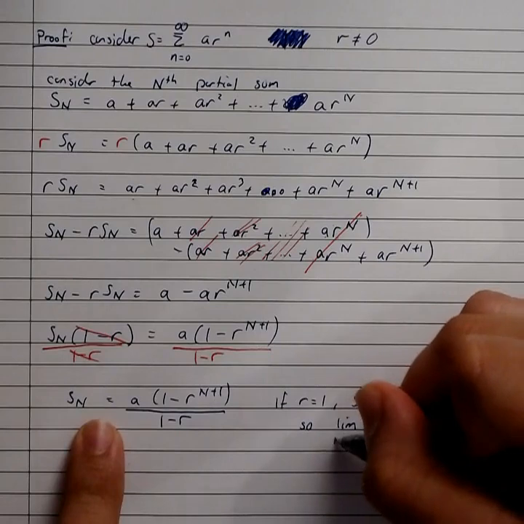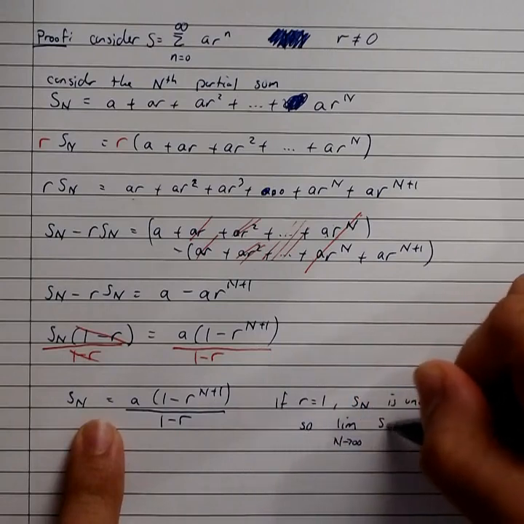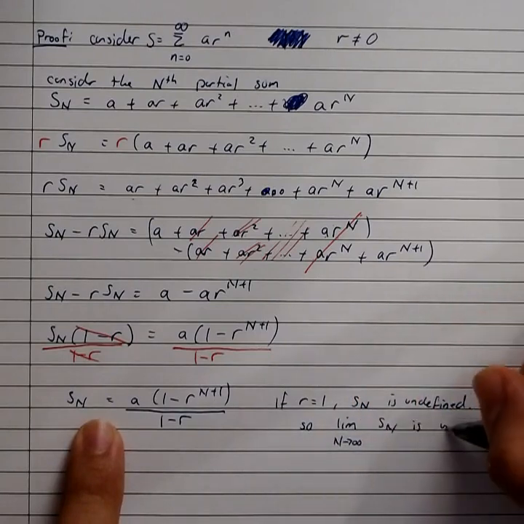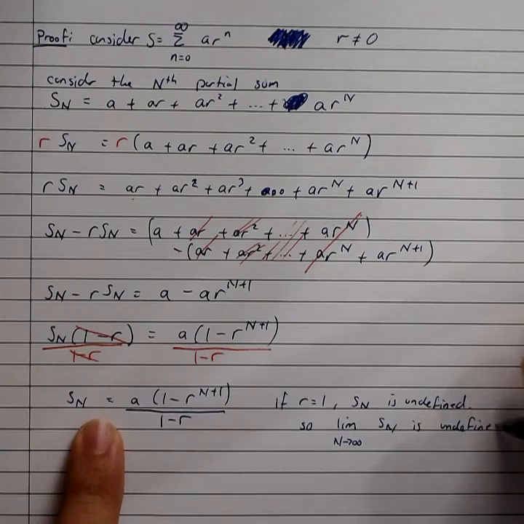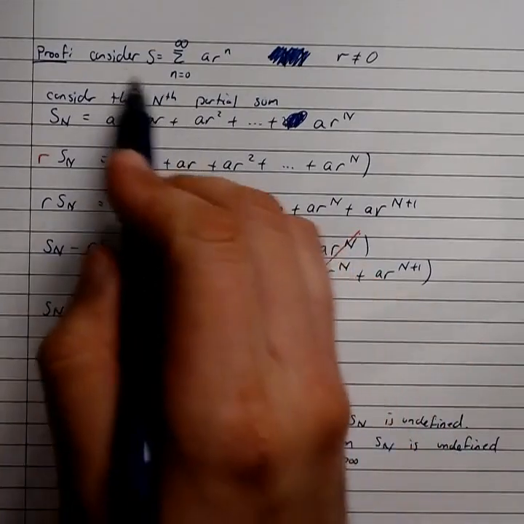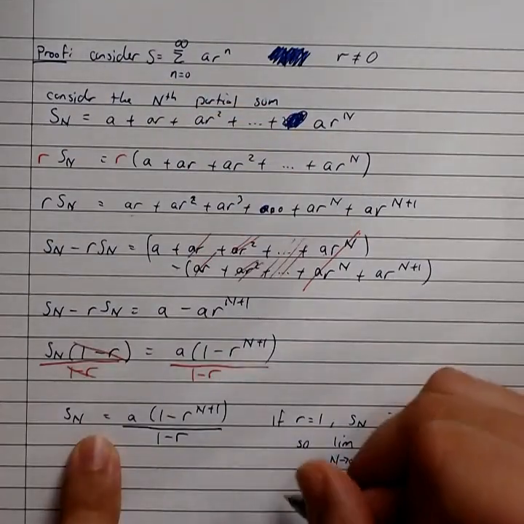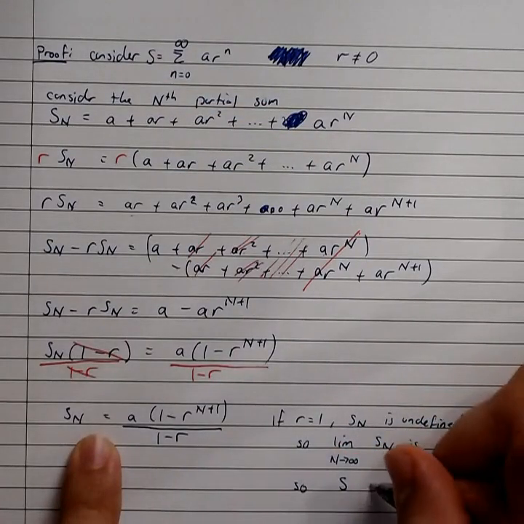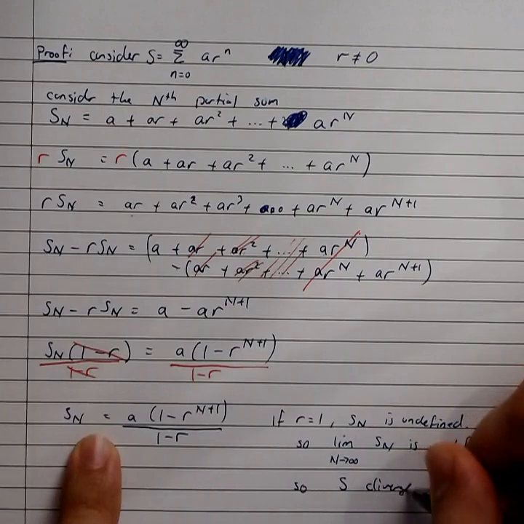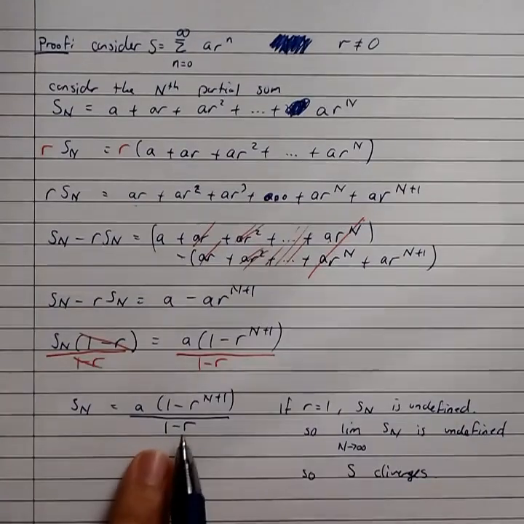So the limit as n approaches infinity of S sub n is undefined. Well, if that's undefined, then the series is undefined. So that means S diverges. Okay, so we know what happens when R is equal to 1. The whole thing's nonsense. But what if R is not equal to 1?